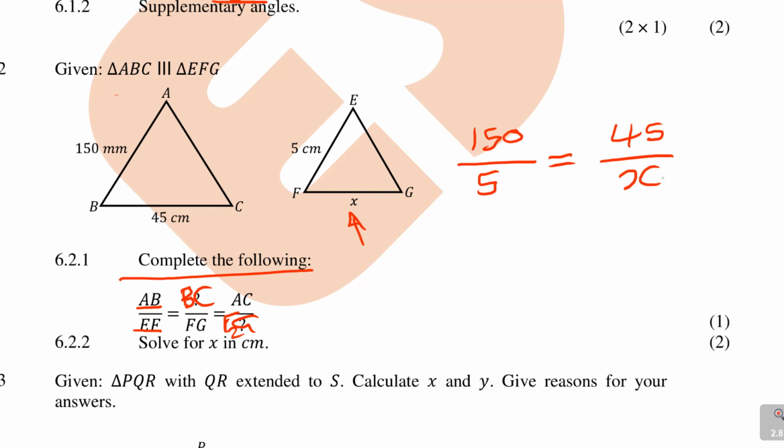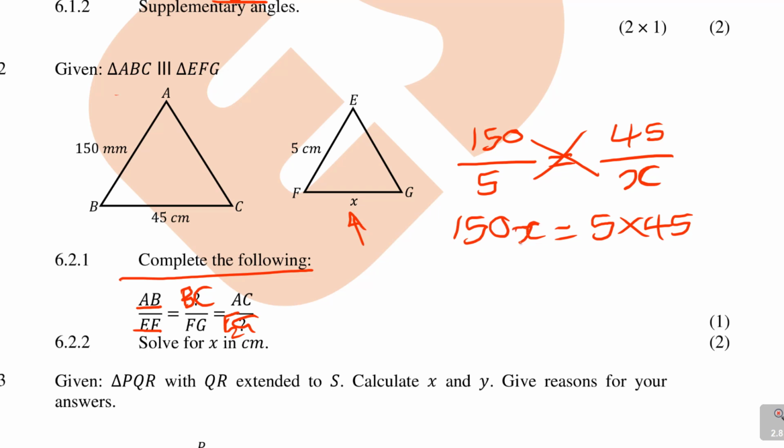You're right. And then how do we solve for X here? You cross multiply. So 150X is equal to 5 times 45. Then how do you remain with X here? How do we solve for X?